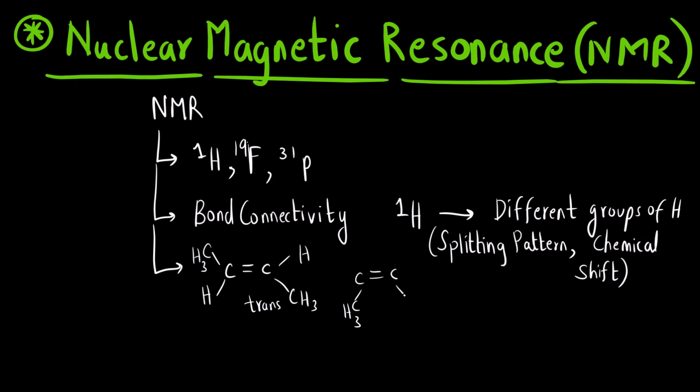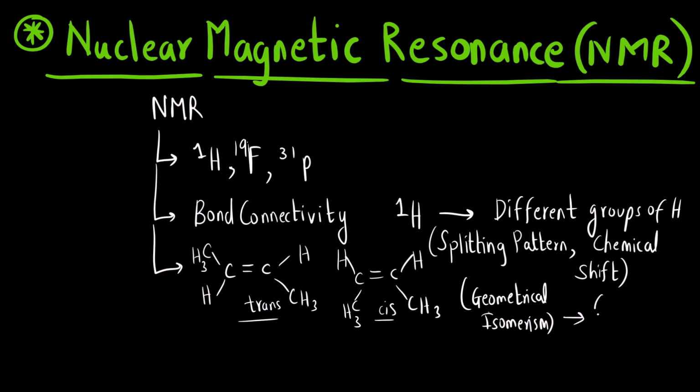If I want to find out which isomer is present, whether cis or trans, which alkene is present, we can study geometrical isomerism by using 1H NMR. How can we do that? By studying the values of the coupling constant. Coupling constant gives us information about the geometrical isomerism of an alkene, whether it is cis or trans.